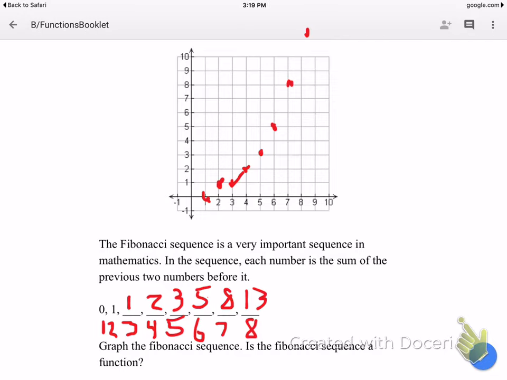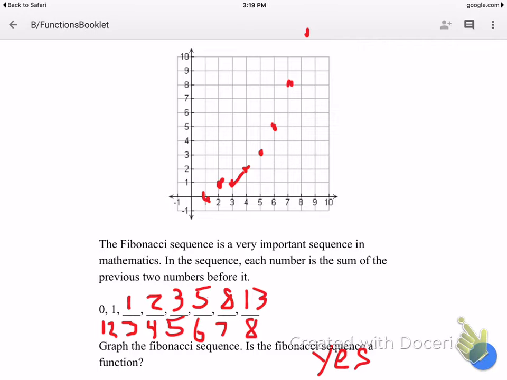So is the Fibonacci sequence a function? Yes. Because each input, which in this case, the inputs are terms, each input is only going to have exactly one output.